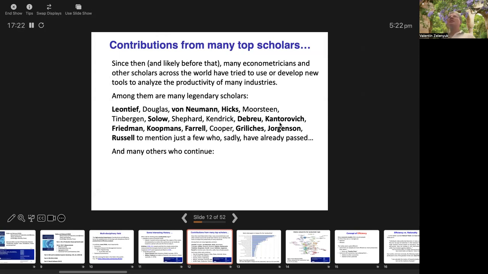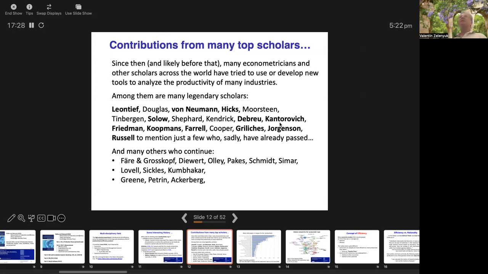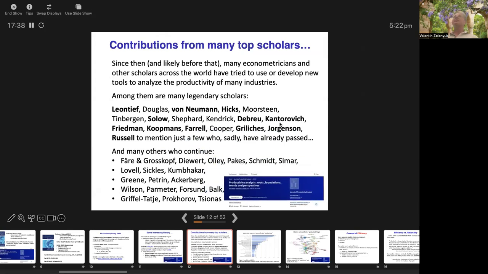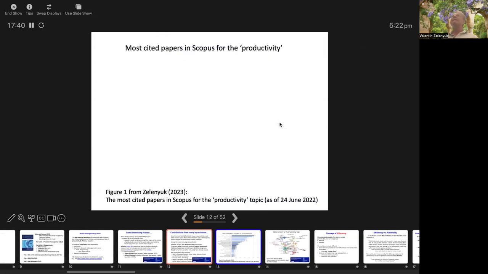Unfortunately, most of them have passed already, but there are many others who continue contributing, and I will list them here if you're interested. Whenever you read the literature, you will recognize their names, and many others. I didn't mention all of them, of course, but you can see more in this paper.